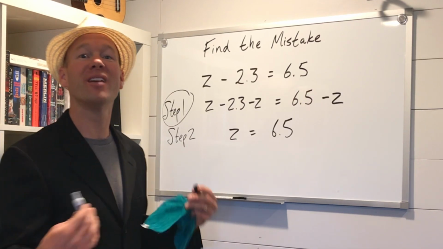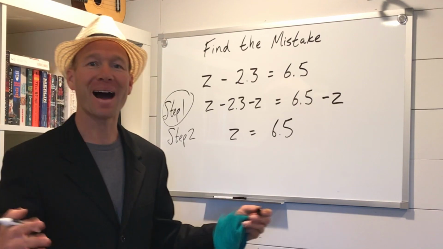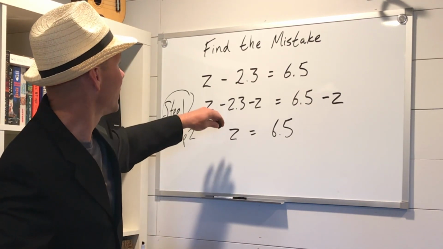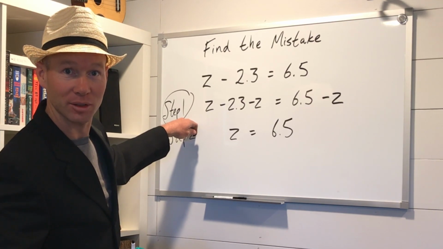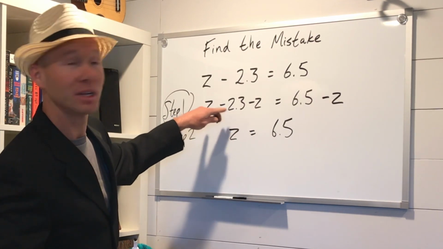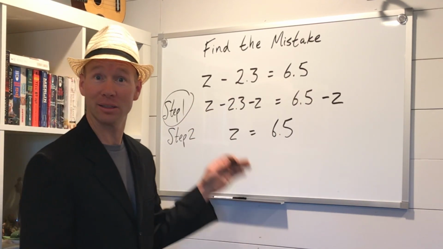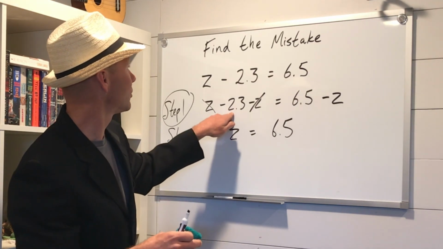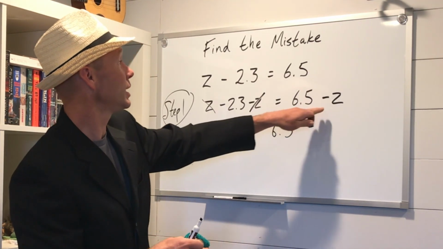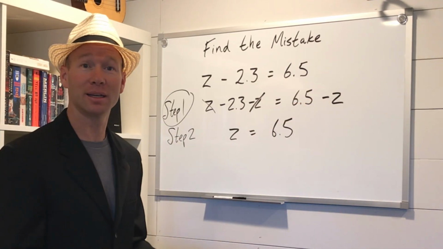Remember, we want to put the variable into quarantine by itself. And right here we don't need to subtract z from this side. Now z minus z does equal nothing. That's true. They would cancel each other out. But now I have negative 2.3 equals 6.5 minus z. I haven't helped myself out in getting here.